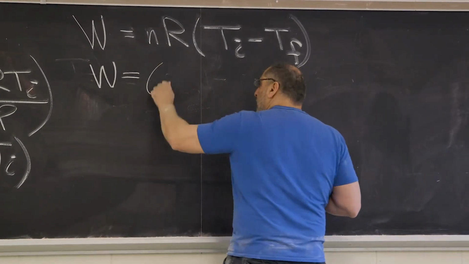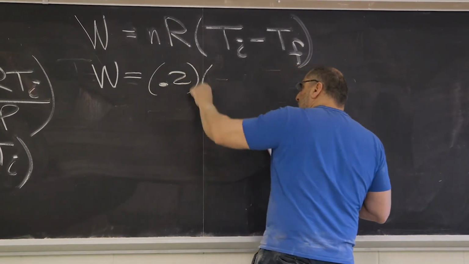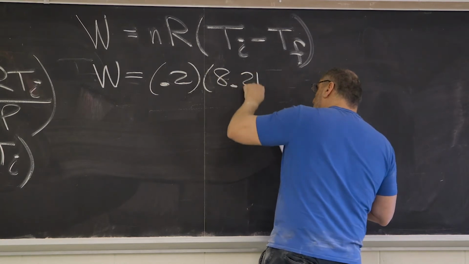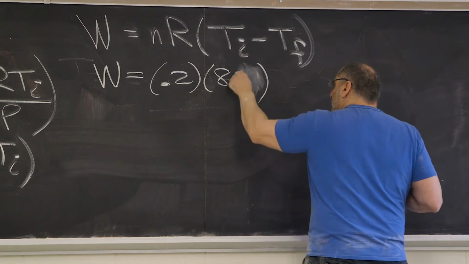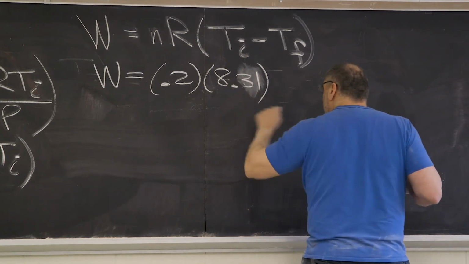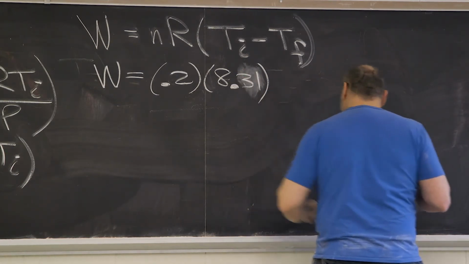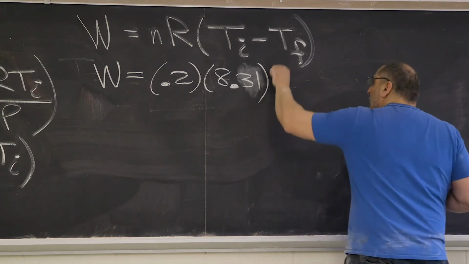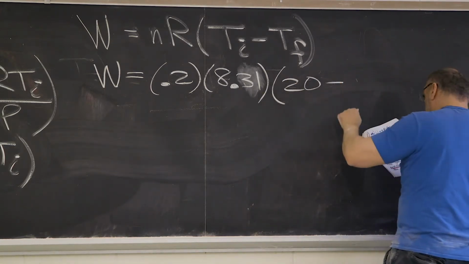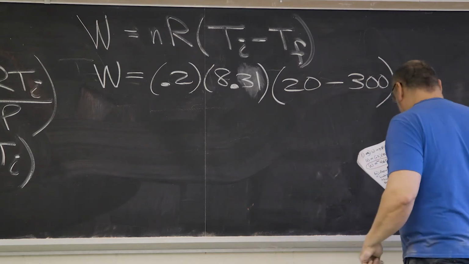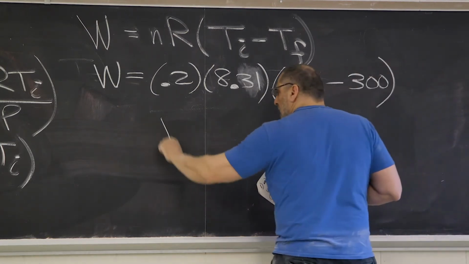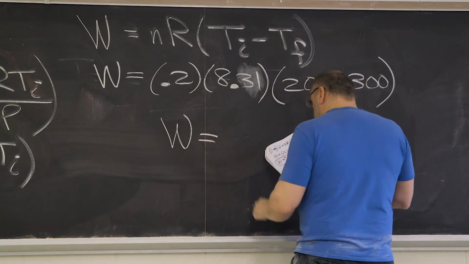W equals 0.2 moles times 8.21, 0.31 rather, I'm sorry. Got this. Well, we already said that.